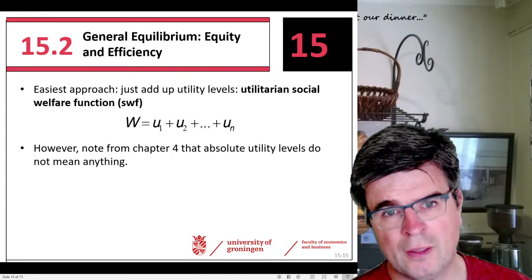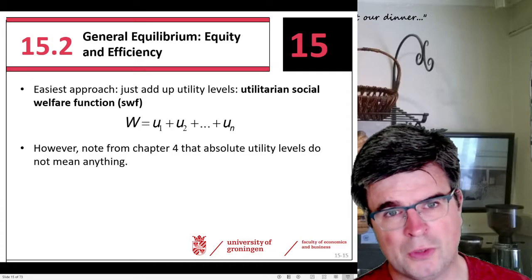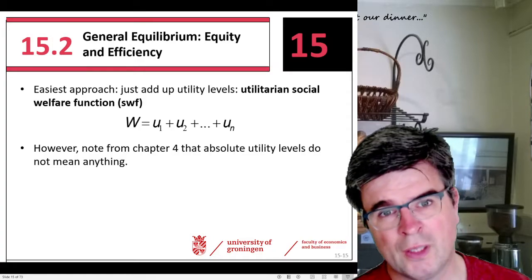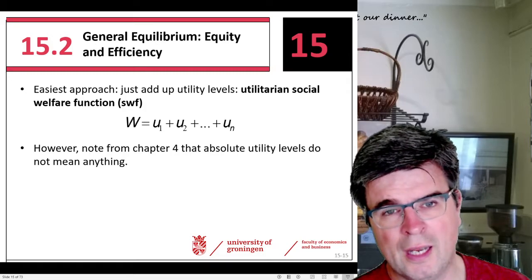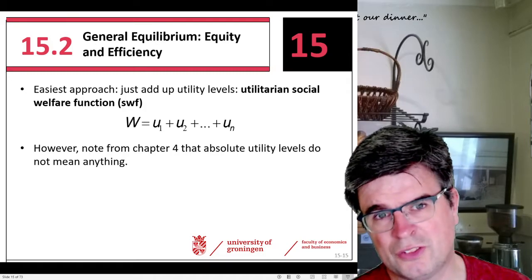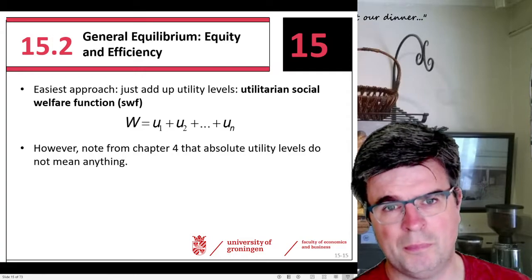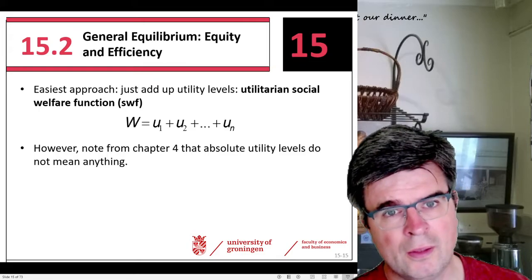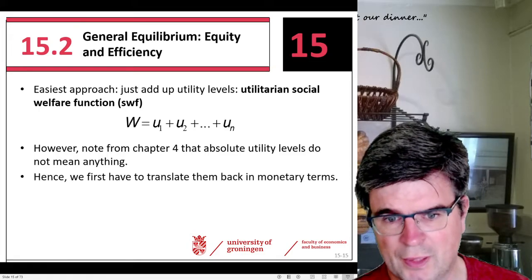But we can do a monotonic transformation, so we can multiply all utility levels by 2. The ranking of the different elements in the choice set doesn't change, so in fact it doesn't mean anything. So this is a problematic social welfare function.